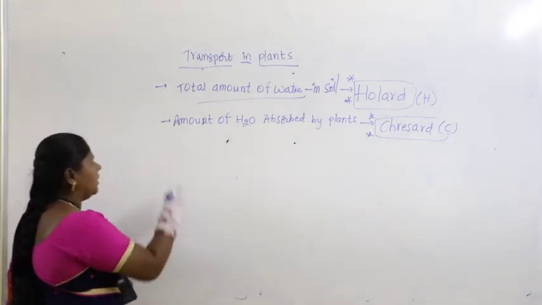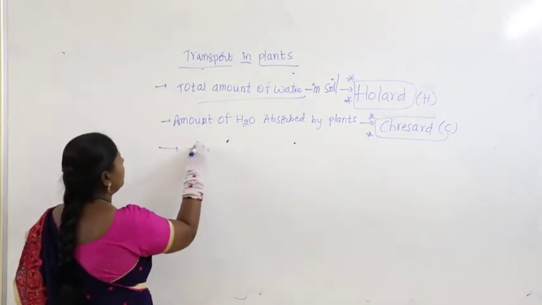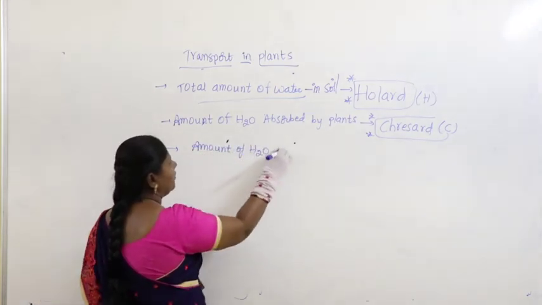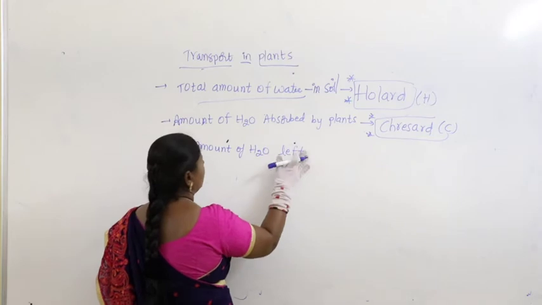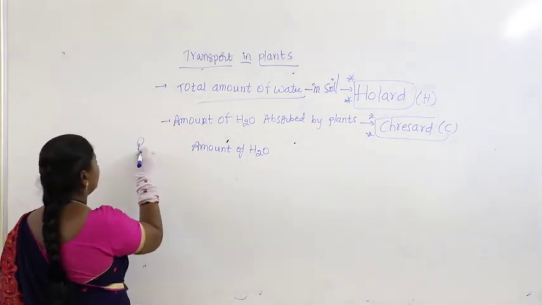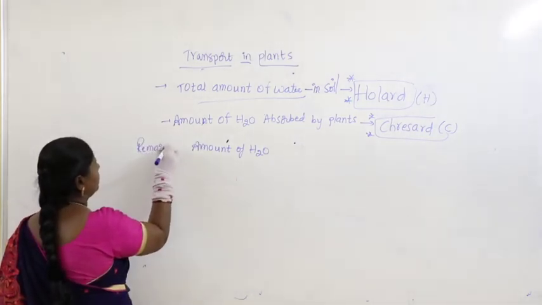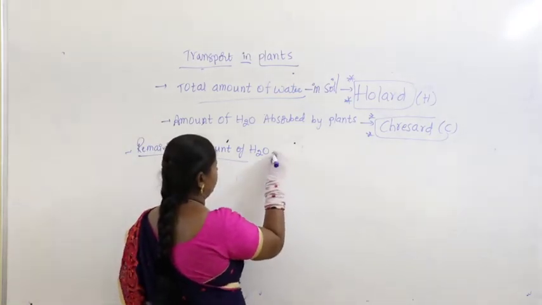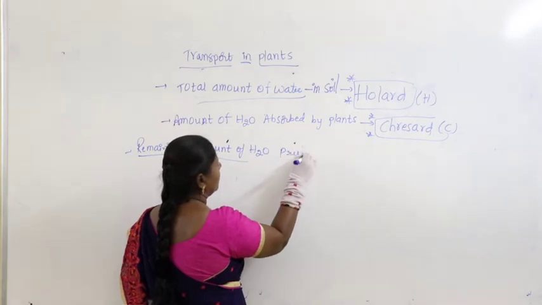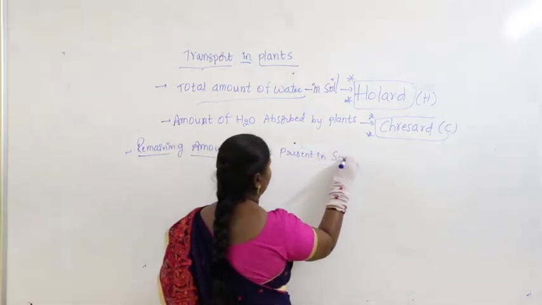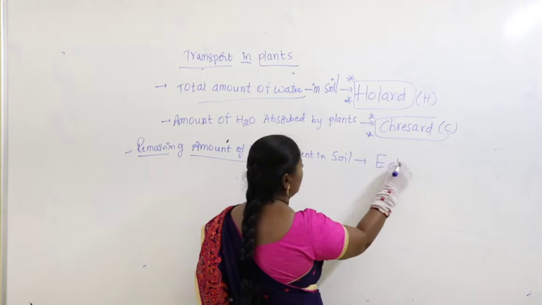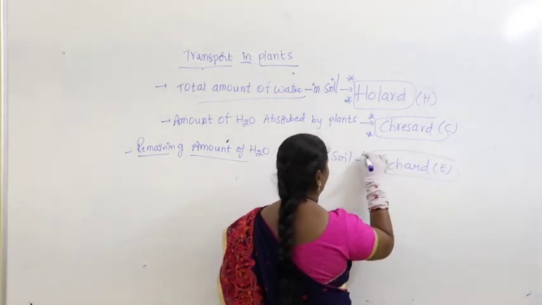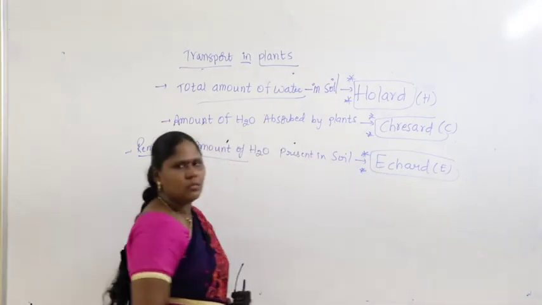And then the remaining amount of water left in the soil is called echard.